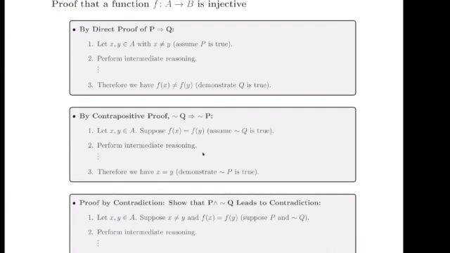If you do it by contrapositive, then we want to show if not Q, then not P. So we start by assuming not Q, which is that two outputs are equal to each other, and then we want to show that this implies X is equal to Y. Out of the ways that we oftentimes prove injectiveness, I would say proof by contrapositive is the more common way as opposed to direct proof. But you can use either.